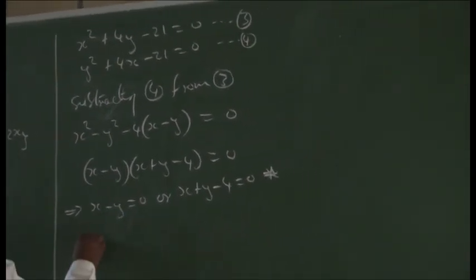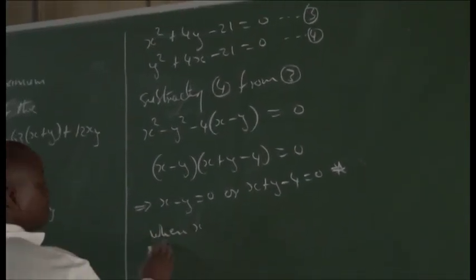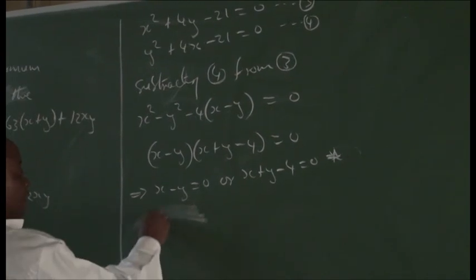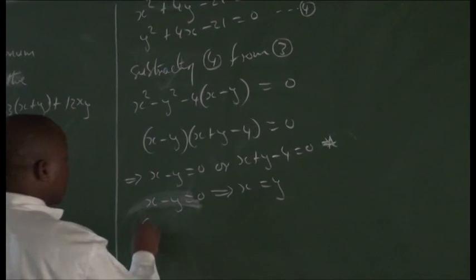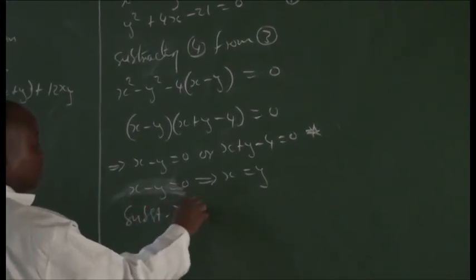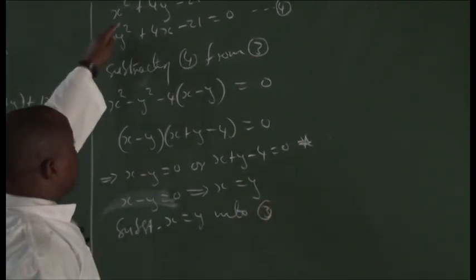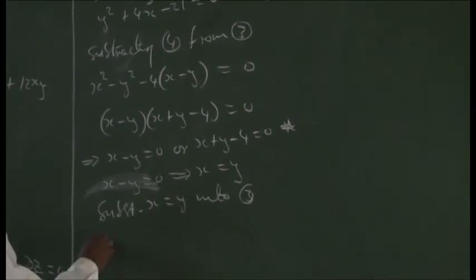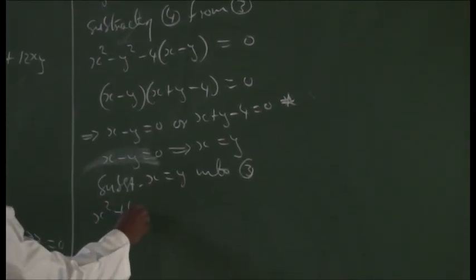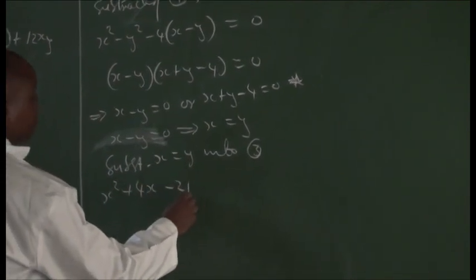Now from here, x minus y equals 0 implies that x equals y. So I can substitute x equals y into 3. We then have x squared plus 4x minus 21 equals 0.